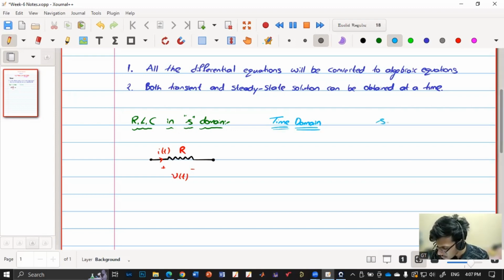In the time domain, as you know, v of t equals i of t into R. Now if we apply Laplace transform on both sides, say v of t becomes V of s and i of t becomes I of s. So what will we be getting here? Anyone?